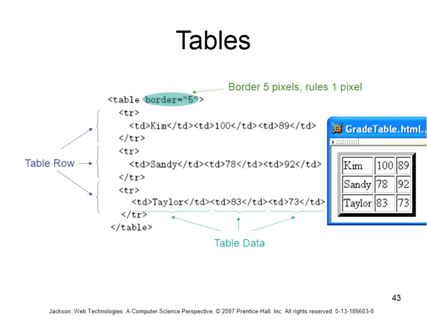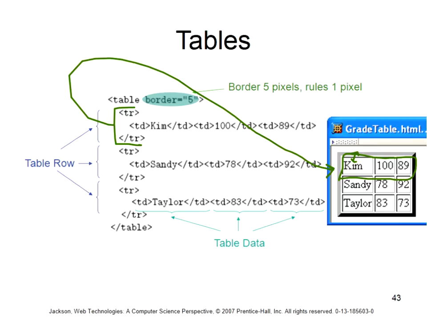When I write table border equal 5, that means the border of our table will be 5 pixels. After that, when I write tr and closing tr, this is the first line of our table.